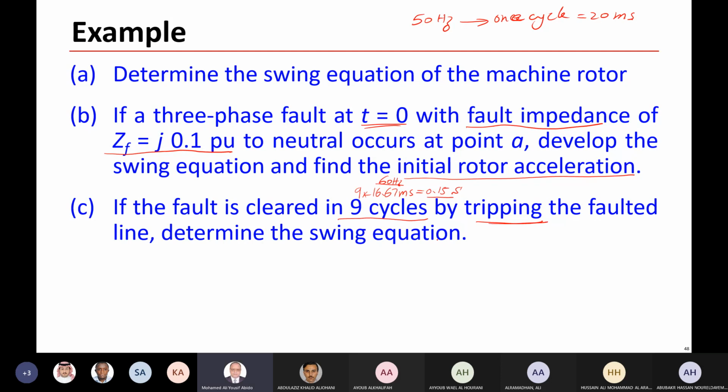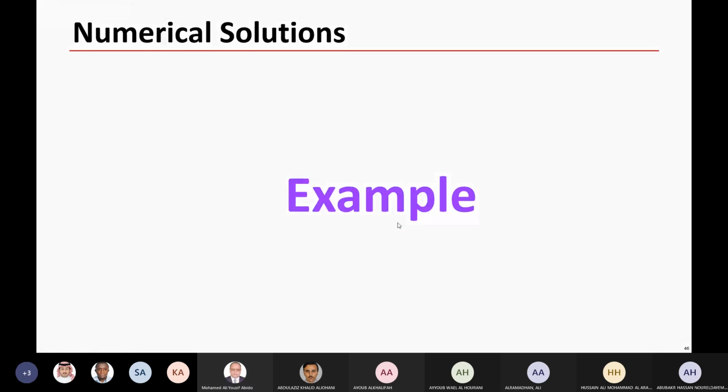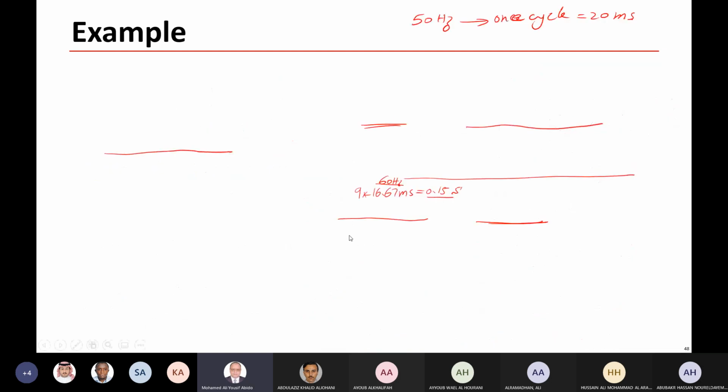The line is tripped. So we also need the swing equation in this case. If the line is tripped, then this is 0.3 and this line is off. Now we have only one line, which is 0.4, so 0.4 plus 0.3 is 0.7. So this would be 0.7, and then you can also write the swing equation.